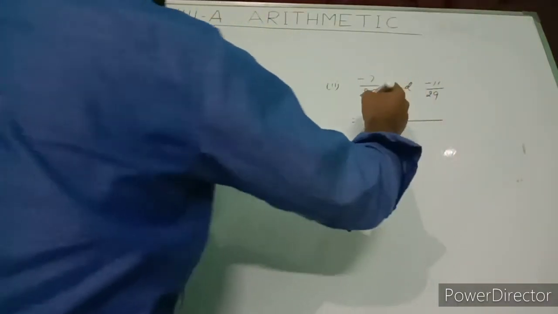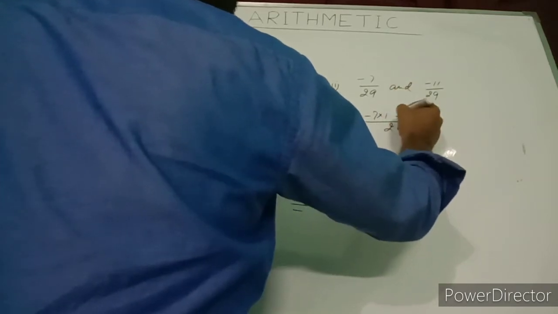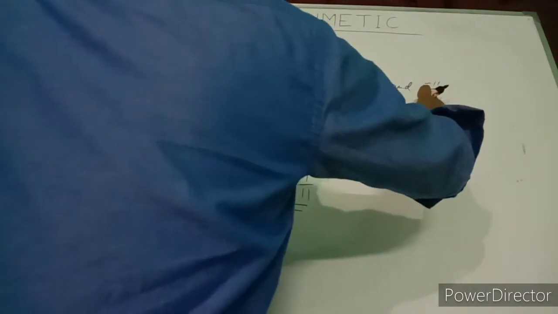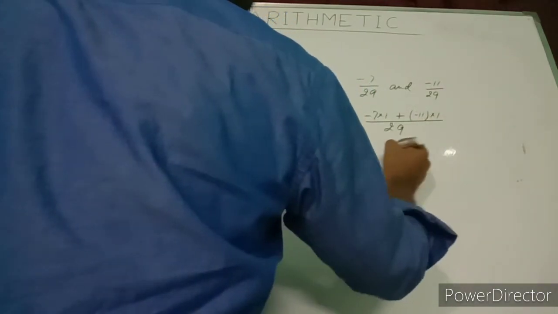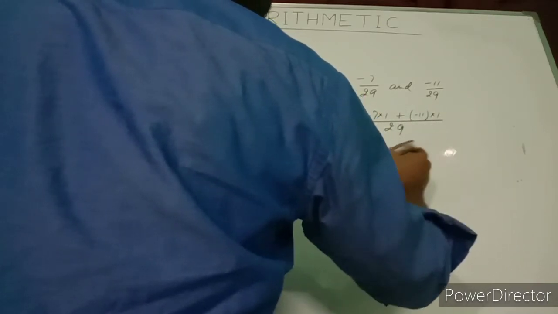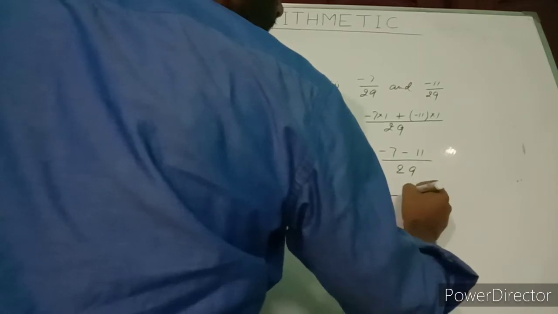We get 1 into minus 7, or minus 7 into 1, plus, because we are asked to add, so we will give plus here. Again we divide this LCM by this denominator, we get 1 into minus 11. So in brackets you write minus 11 into 1. So what are you getting? Minus 7 plus minus 11 by 29. And in this way your addition became minus 18 by 29.